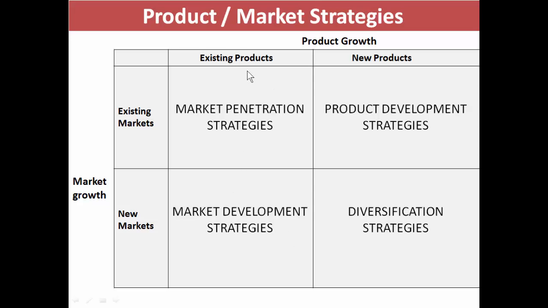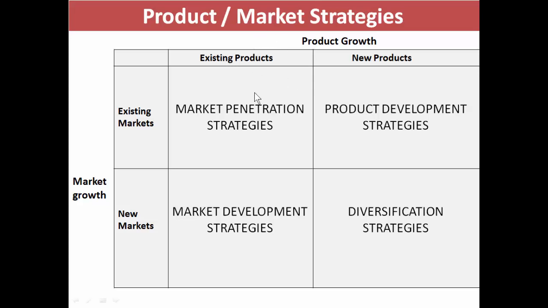In other words, you might want to take your existing products to existing markets and employ a so-called market penetration strategy, where you just sell more of your existing products to your existing customers. Some people call this strategy increasing stomach share. In other words, increasing the stomach share of your customers, selling more of existing products to existing customers.